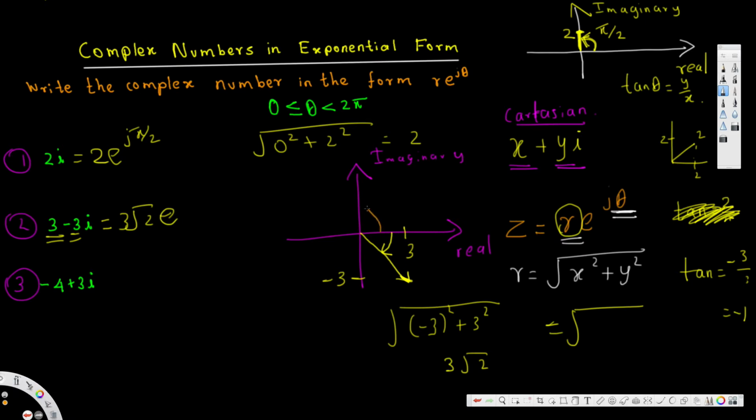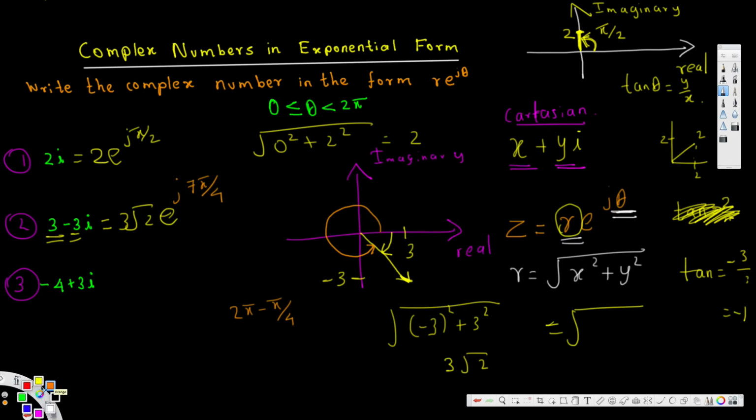So if this one is 45 degrees, it means π/4. The total is 2π. 2π minus π/4. If we multiply this by 4, 8π over 4 minus π over 4, that's 7π over 4. So this is going to be j 7π over 4. That's the conversion of this one.